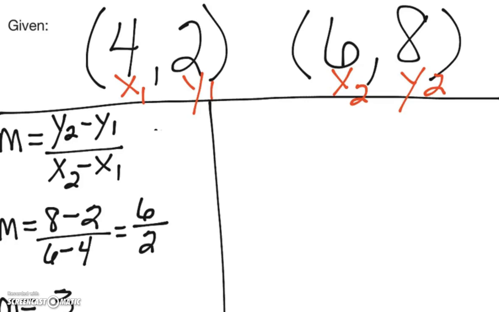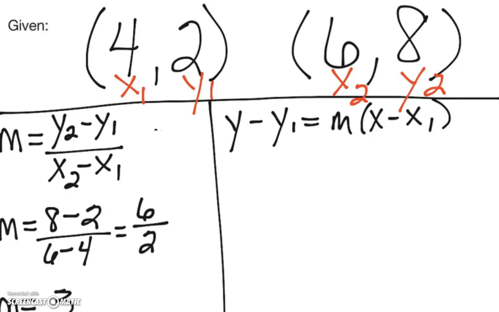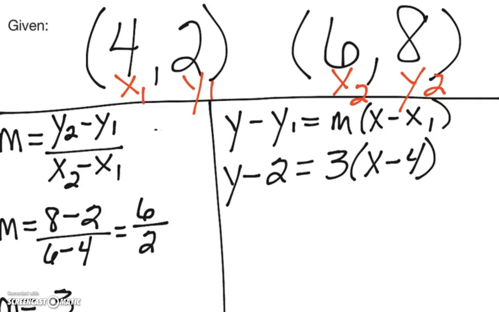Now we're ready to plug into our formula. We don't have any like we did on the last slide where we are already given our y-intercept. So we have to use our point-slope formula. The y minus y1 is equal to m times x minus x1. So we're going to plug in our numbers. y minus 2 is equal to 3 times x minus 4.